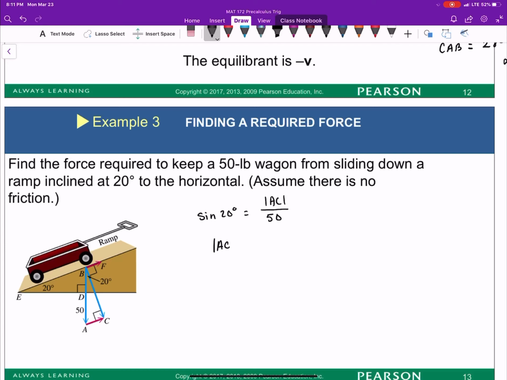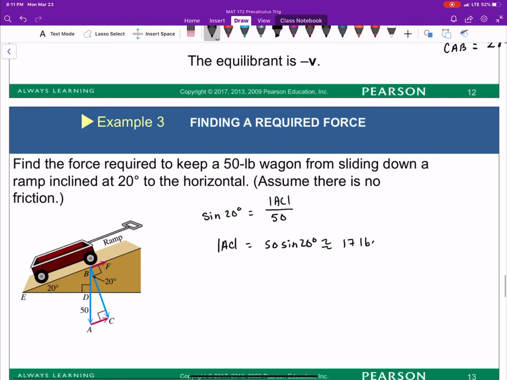So we get the magnitude of AC is equal to 50 times sine of 20. So put that in the calculator. You get roughly about 17 pounds.